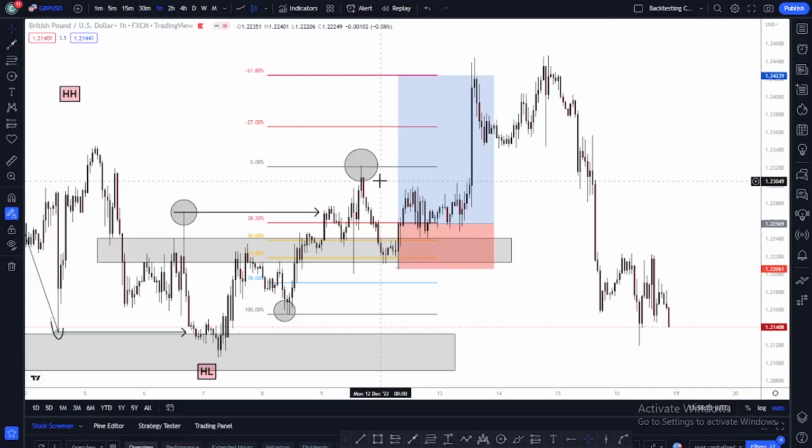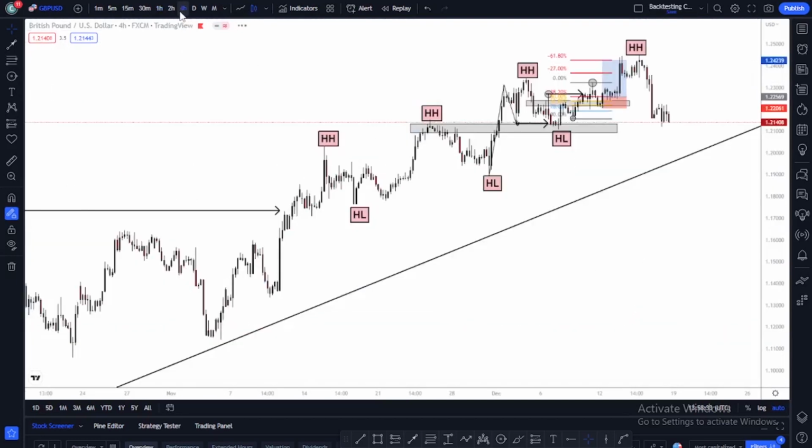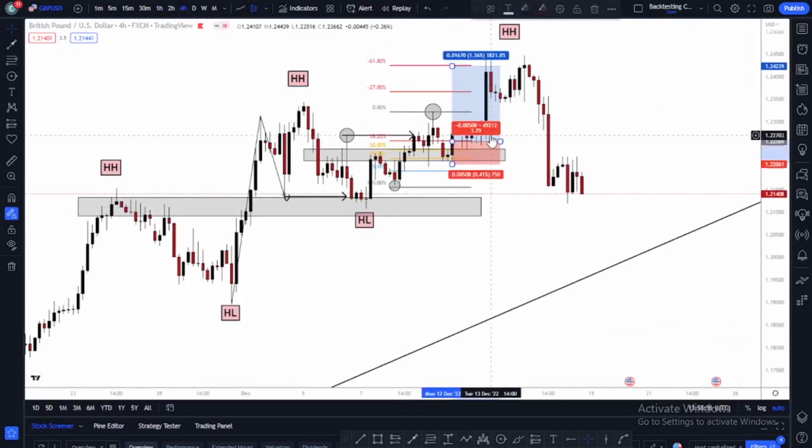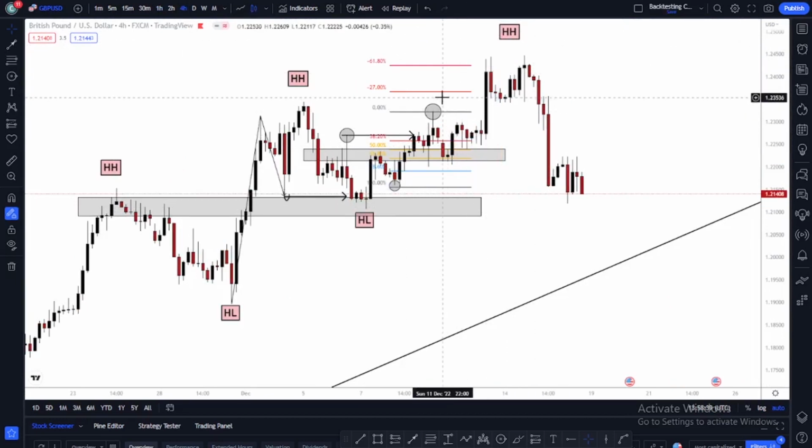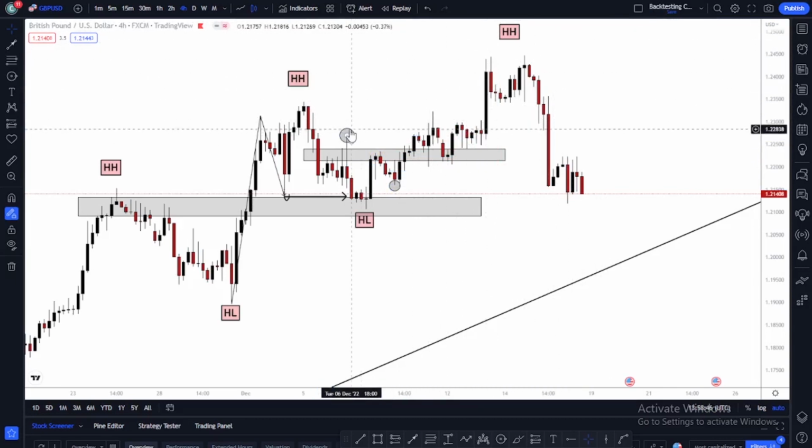After our take profit was hit, or after I won this trade, what did I do next? I went back to my H4 time frame. Let me clear the chart so it becomes clear for you all. After I came to my H4 time frame, what did I realize?